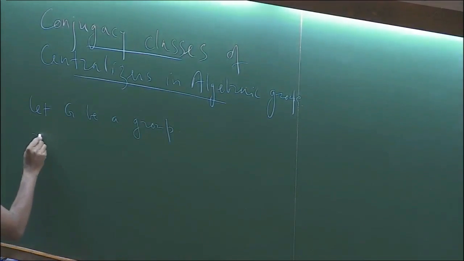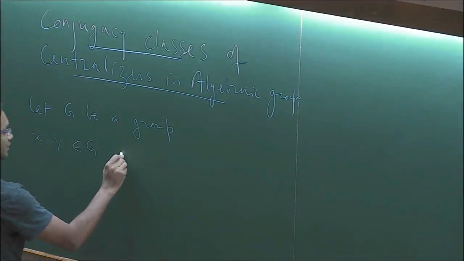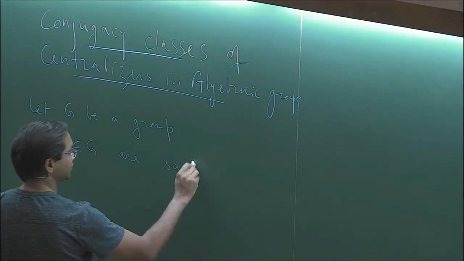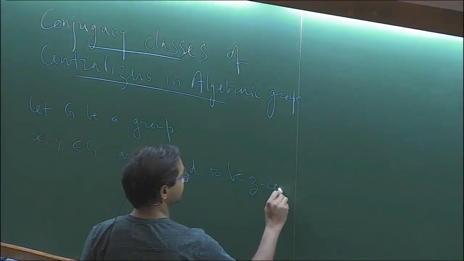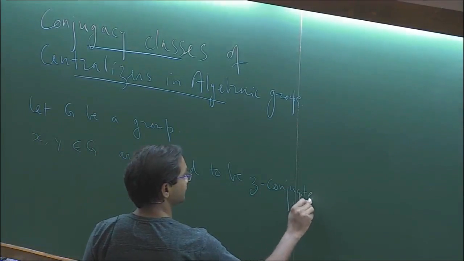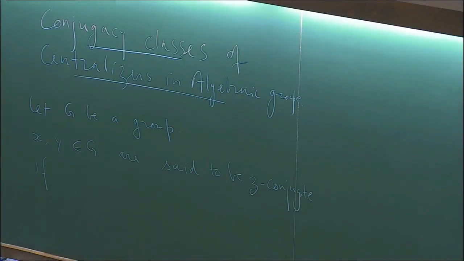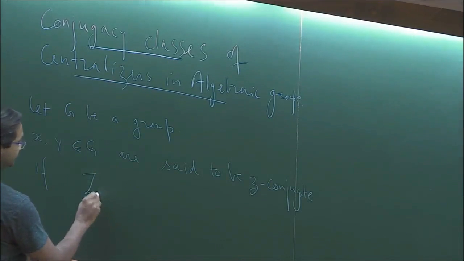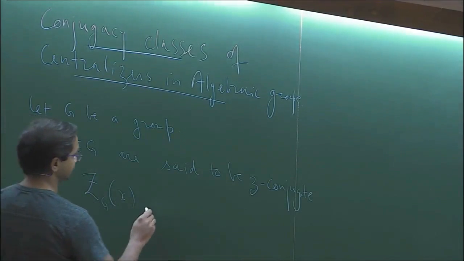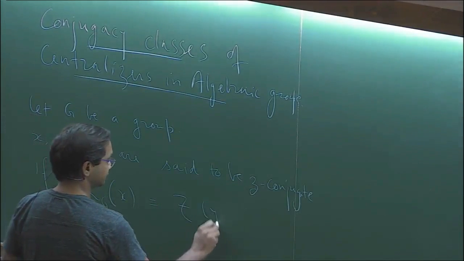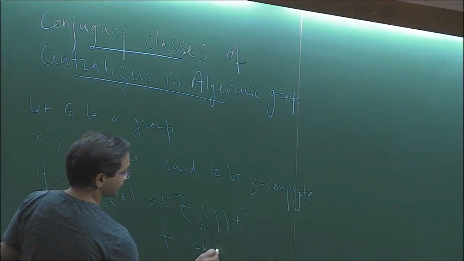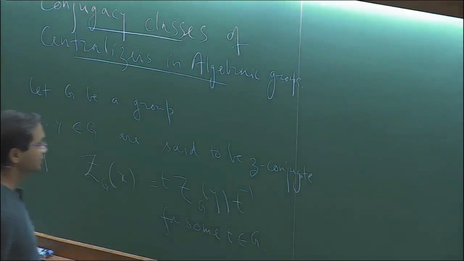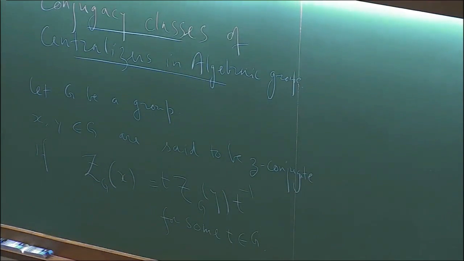Two elements X and Y in G are said to be G-conjugate if their centralizers are conjugate in G for some T in G. It's easy to see that this is an equivalence relation, and this forms equivalence classes.